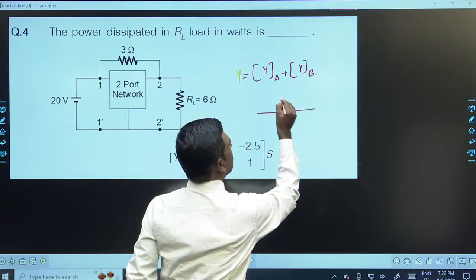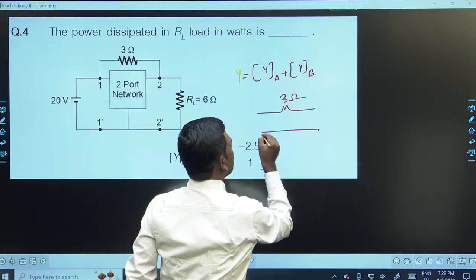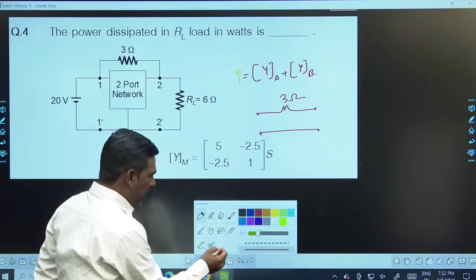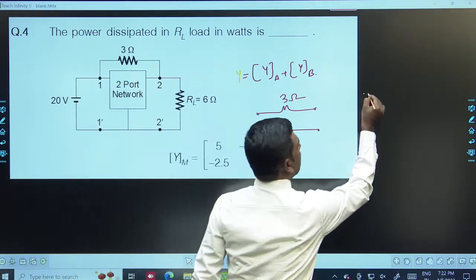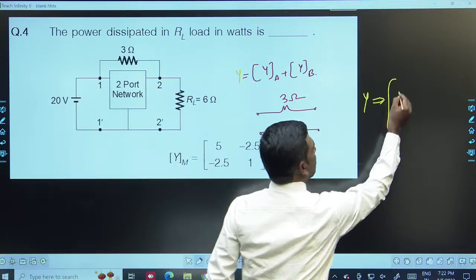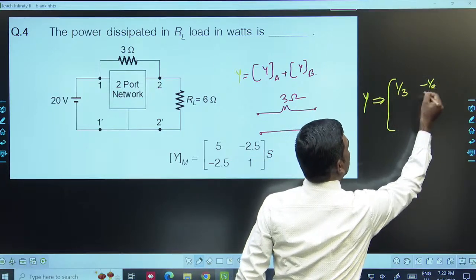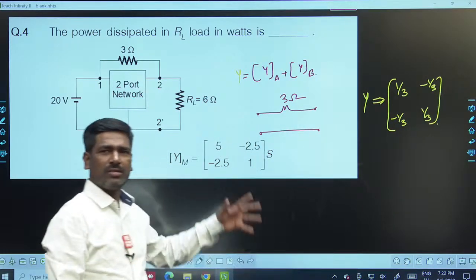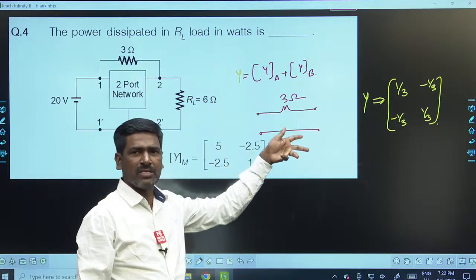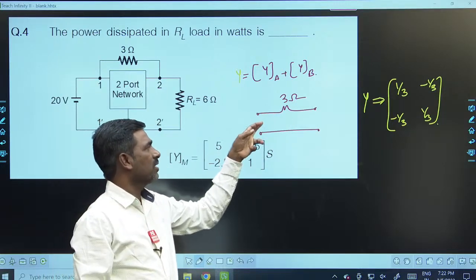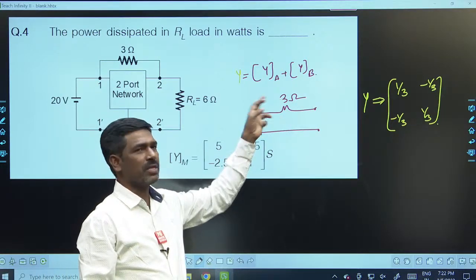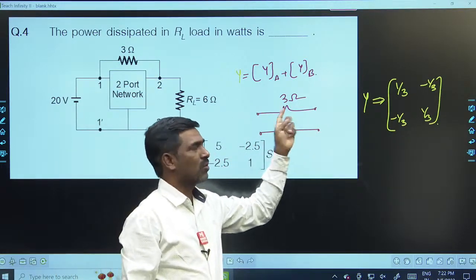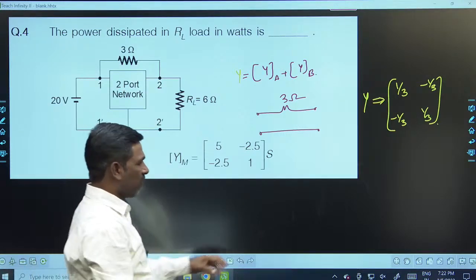Directly, when our 3 ohms is here, from this network, you can write Y is equal to 1 by 3, minus 1 by 3, minus 1 by 3, 1 by 3. You have discussed this many times. So when 3 ohms is there, you convert to Siemens, 1 by 3, and it is a pi network. Here is 0 plus 1 by 3, 0 plus 1 by 3, that is Y11 and Y22. Y12 is equal to Y21 is equal to minus 1 by 3.